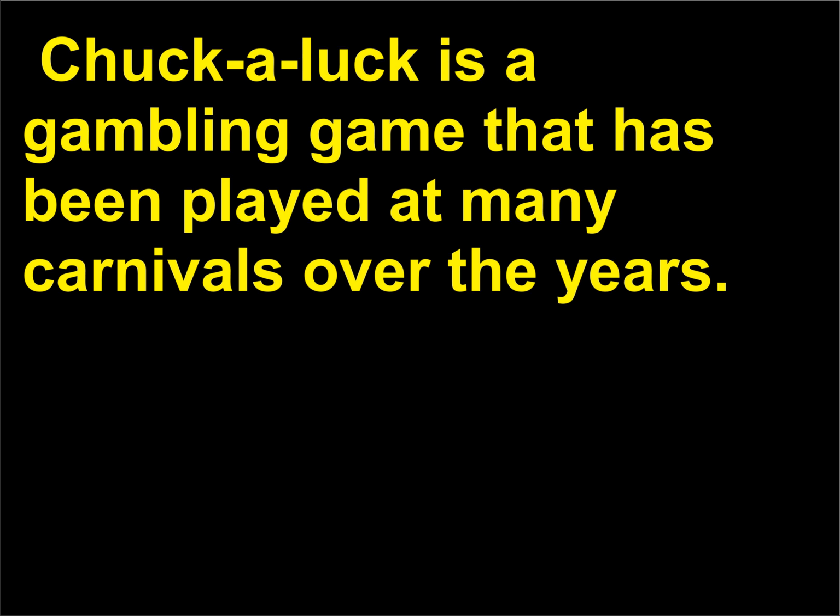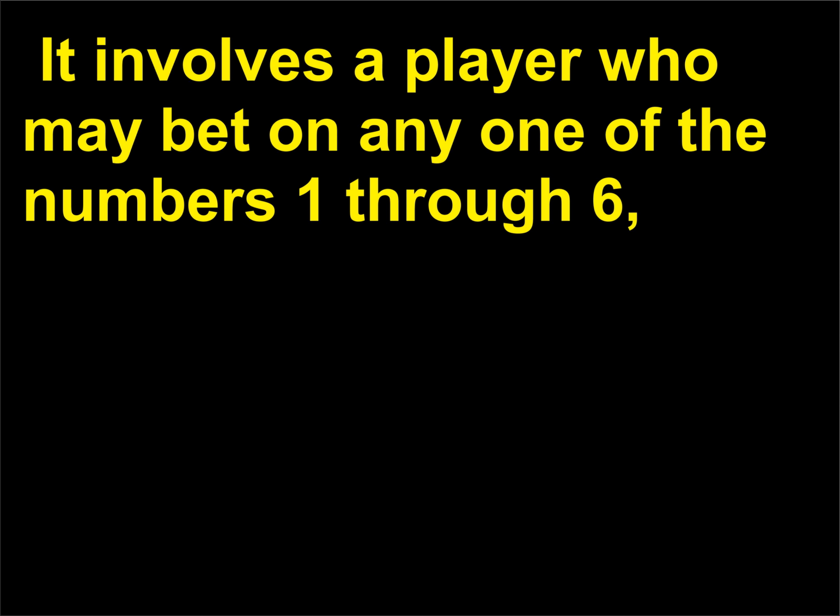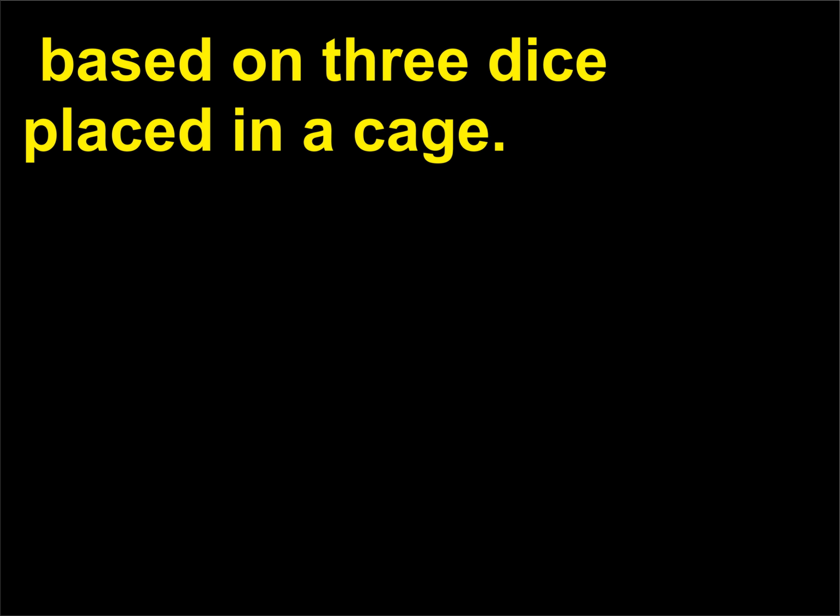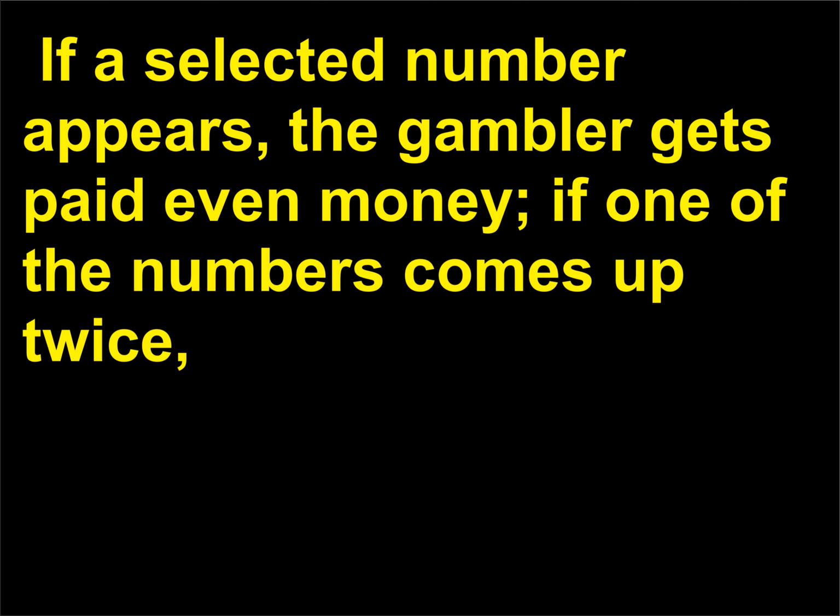Chuck-a-Luck is a gambling game that has been played at many carnivals over the years. It involves a player who may bet on any one of the numbers 1 through 6, based on 3 dice placed in a cage. If a selected number appears, the gambler gets paid even money.